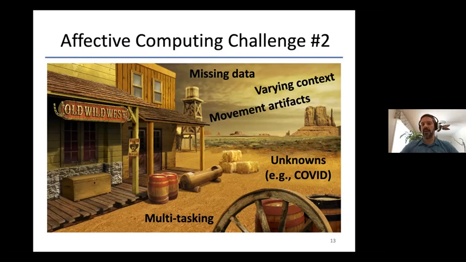How are these artifacts causing errors within your system? And then you get things like COVID that causes unknown changes to the human physiology. So it causes changes in the way your heart beats and so on, and the way your breathing patterns change. So how does this confound all of the information that you're using? So in the wild is a critical challenge that needs to be addressed.